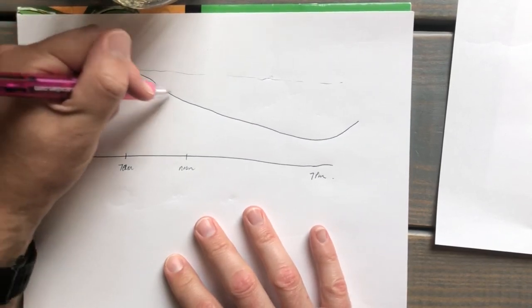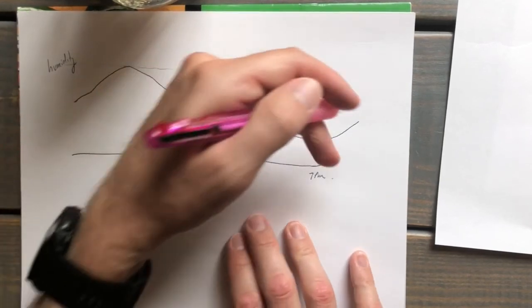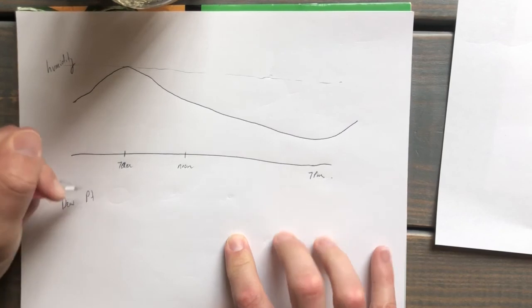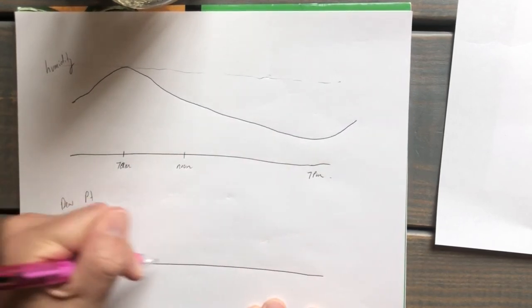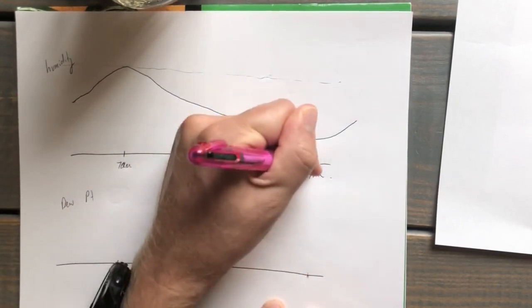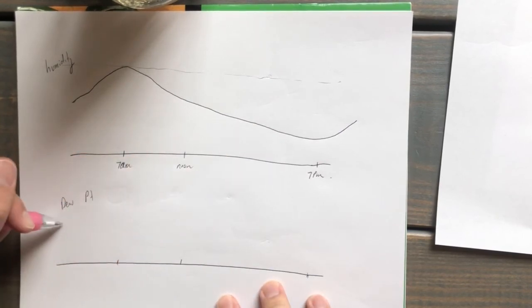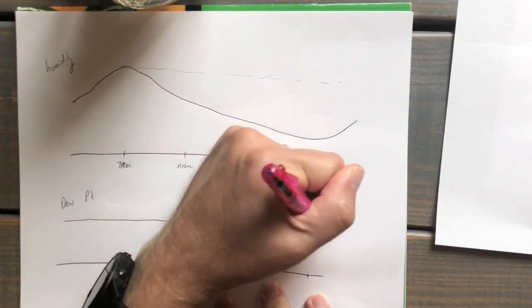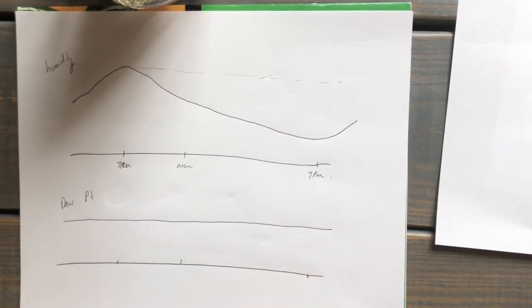Whereas the dew point stays the same, typically, unless a new air mass moves in. The dew point tends to not fluctuate a lot.